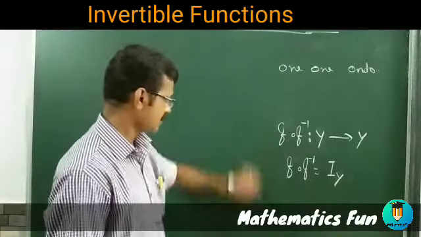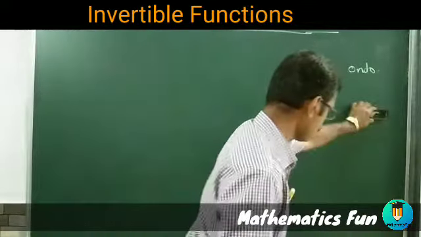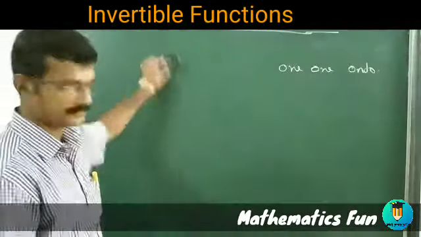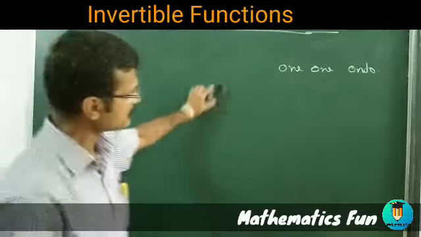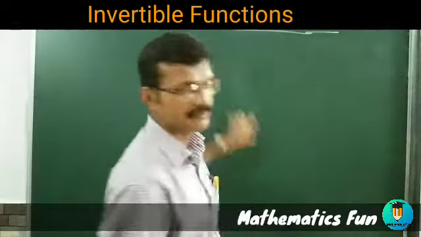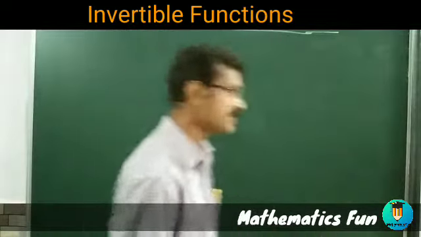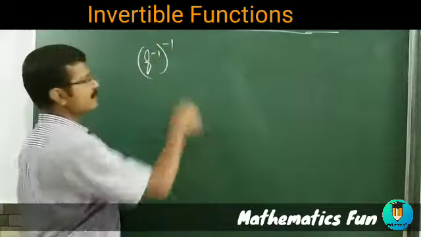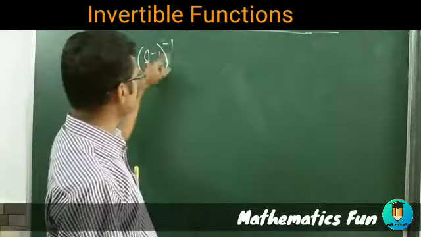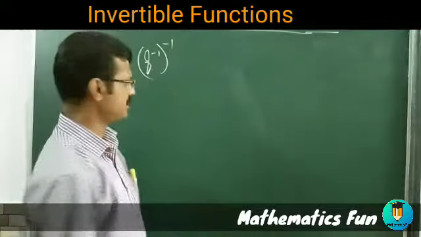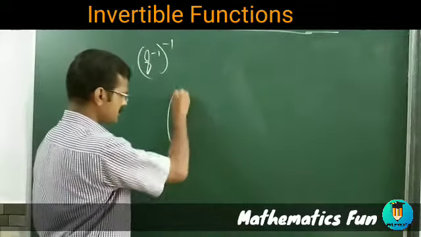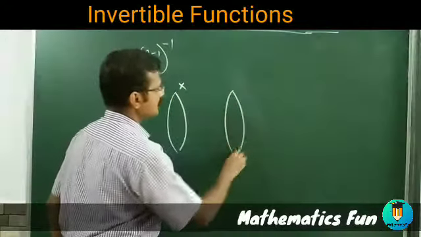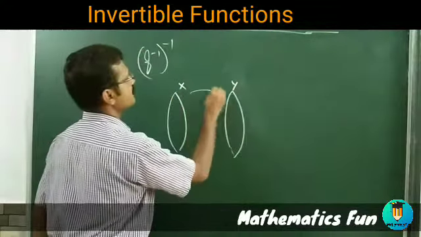Now we will discuss another result, that is, a function's inverse, what will f inverse whole inverse be? So see the arrow diagram. If we consider the arrow diagram, a function is defined, that is the function f.